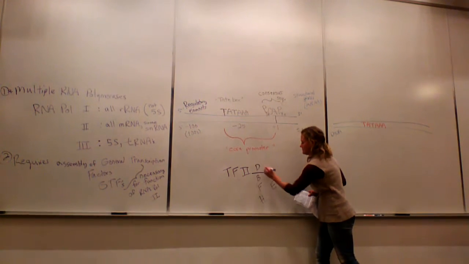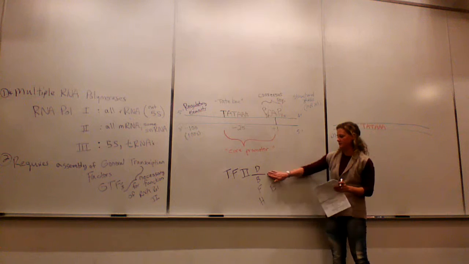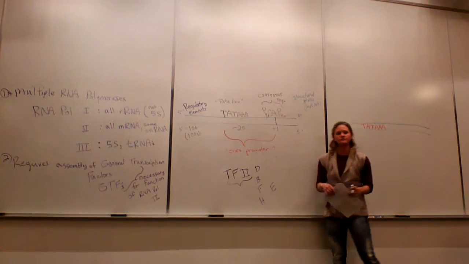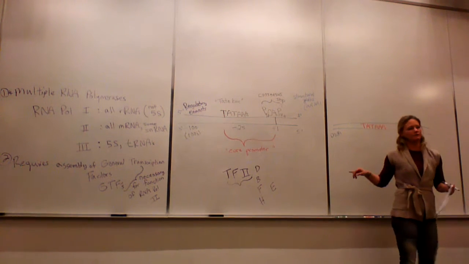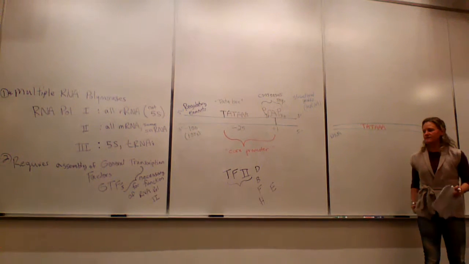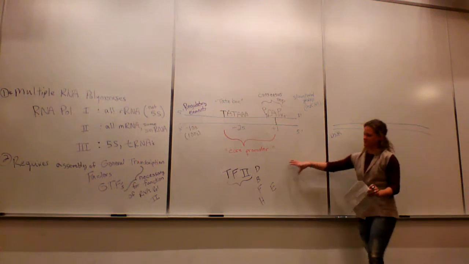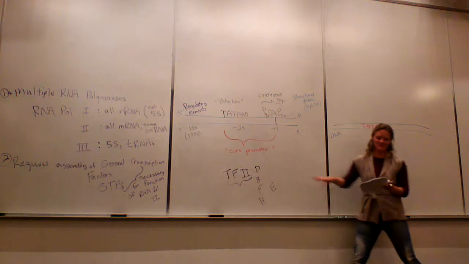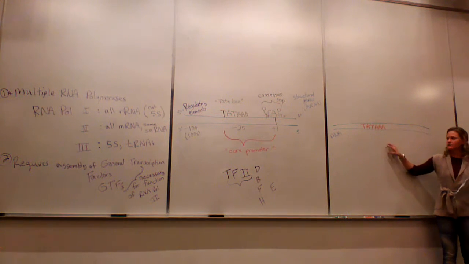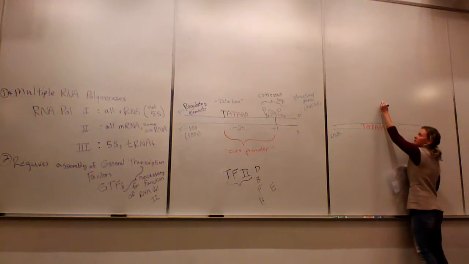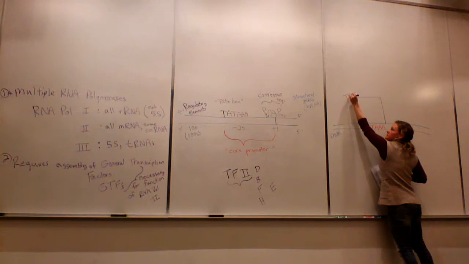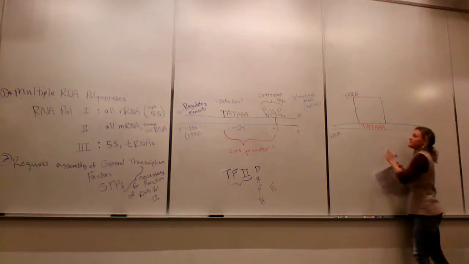TF2B is the one that's going to sit down and recognize this Tata box. Okay. So TF2D, and TF2D is unique because it has a subunit on it that's called TBP.